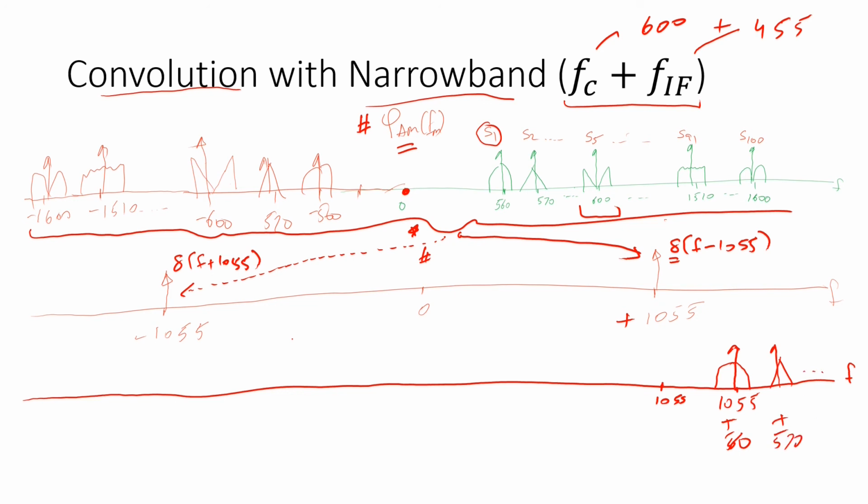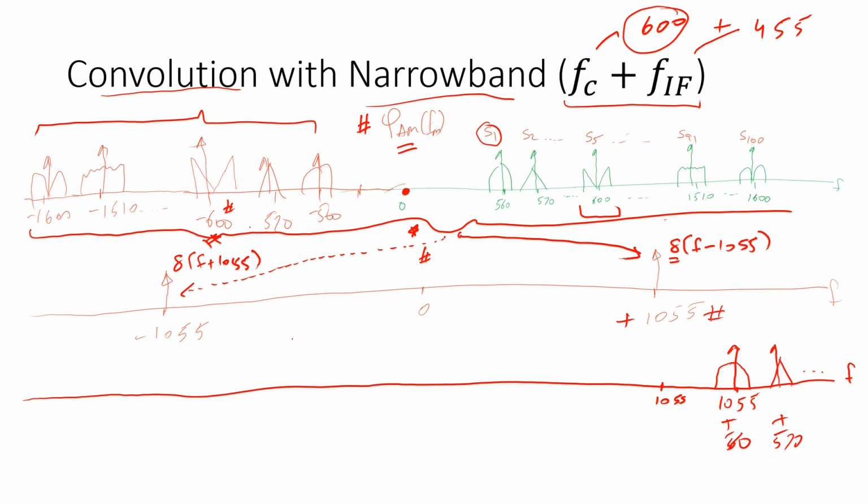and similarly, and so on. But importantly, we also have these spectra in the negative frequencies, right? So particularly we are interested in tuning this S5 that is at 600 kilohertz, right? So what would happen to this minus 600? So if we add minus 600 with 1055, right?